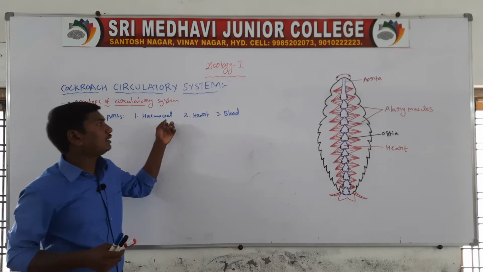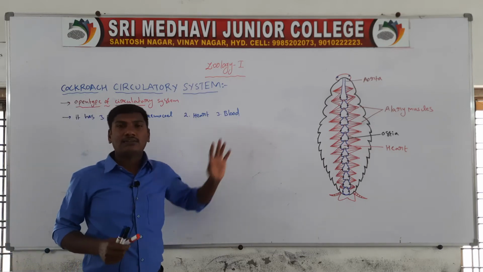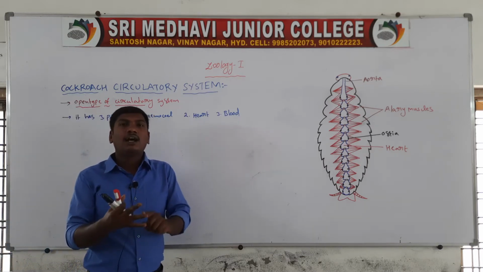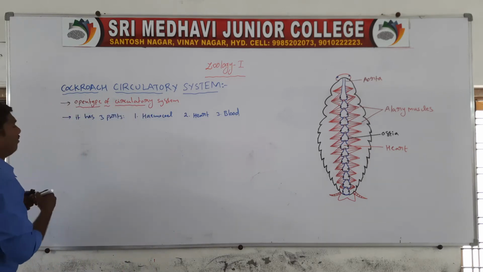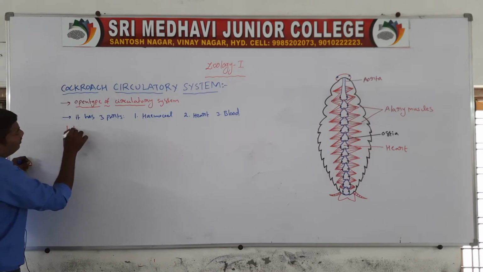First one, hemocoel. Second one, heart. Third one, blood. Hemocoel, heart and blood. First, the hemocoel.